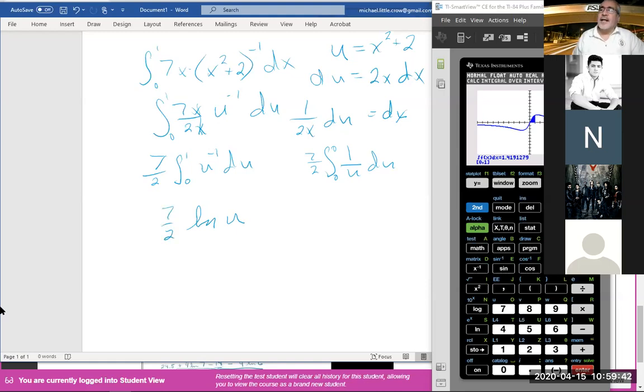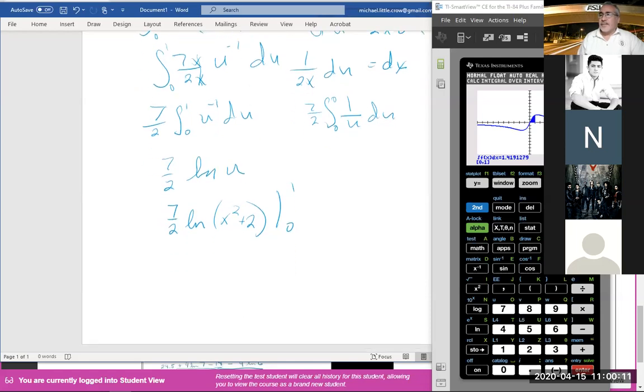And this is why they're looking for an exact value. So what your answer needs to be is, well, actually, we're not done yet. That's not what goes in here. Our answer is 7/2 natural log of u, and we have to put what u actually is, which is x squared plus 2. And then we put in our numbers.